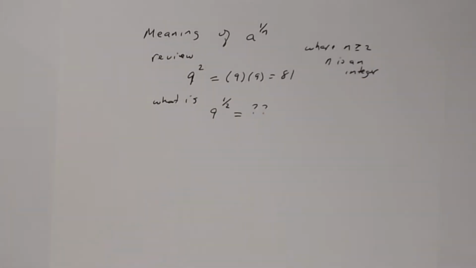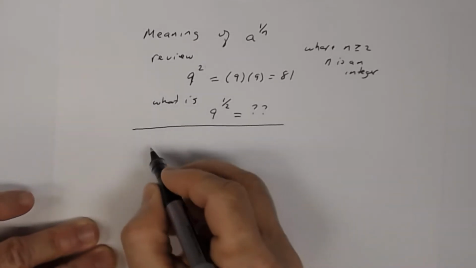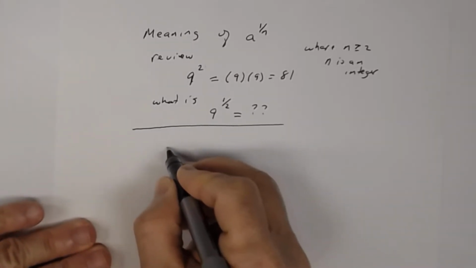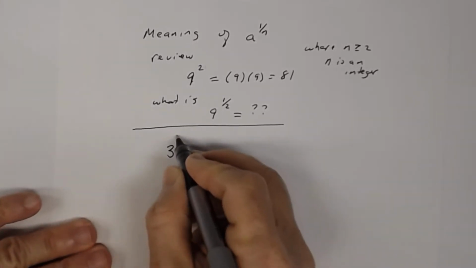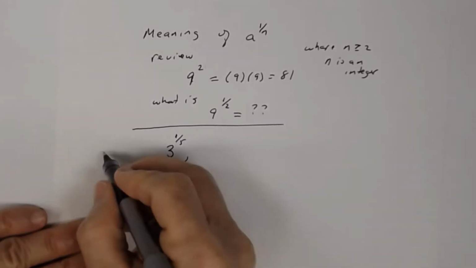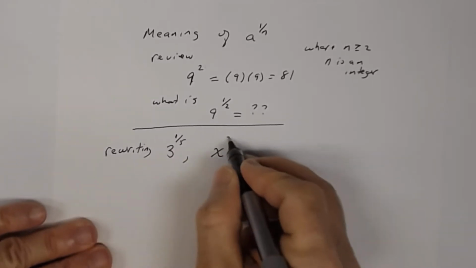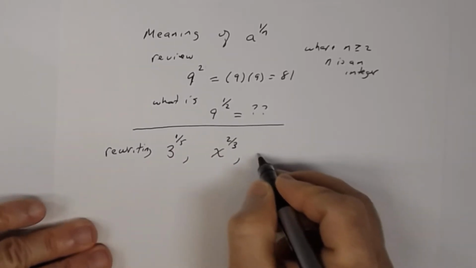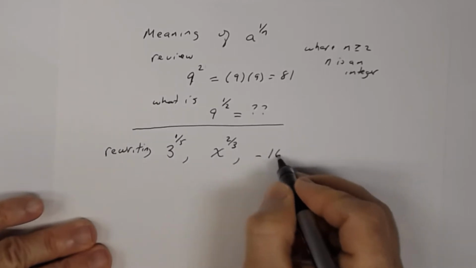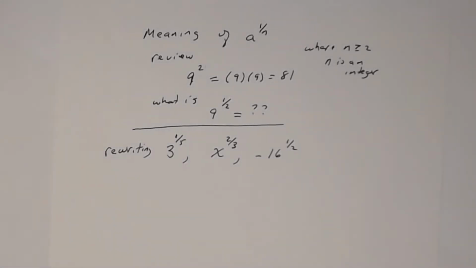So that's what we're going to look at today. So today we're going to look at expressions like rewriting 3 to the 1/5 power, rewriting x to the 2/3 power, looking at negative 16 to the 1/2 power, things like that. So that's going to be our intent for today.